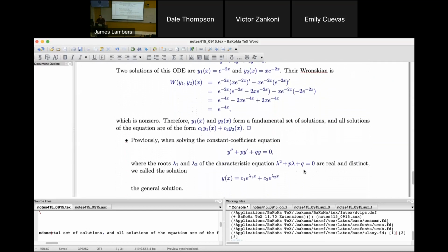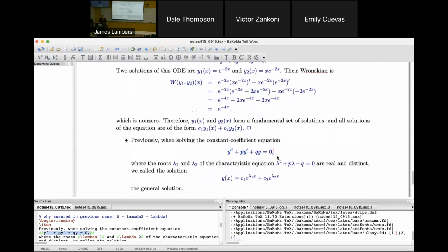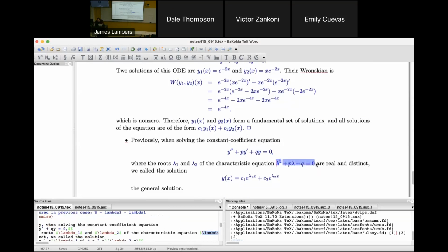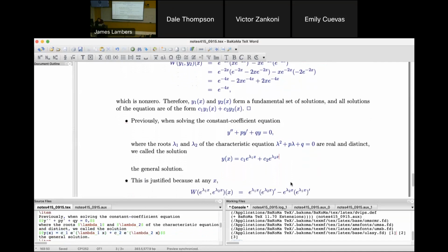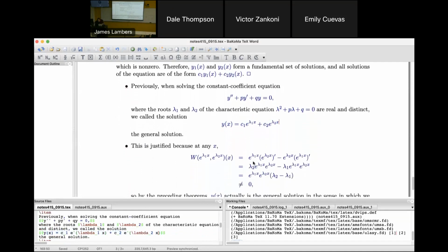Now, I can see in the flashback here, with these kinds of ODEs, how do you go about solving something like this when the coefficients P and Q are constant? You're solving this quadratic equation to get roots lambda 1 and lambda 2. And if the roots are real and distinct, that's your general solution. You have these two exponentials. The Wronskian would be non-zero. In fact, this is the Wronskian right here of e to the lambda 1 x and e to the lambda 2 x.